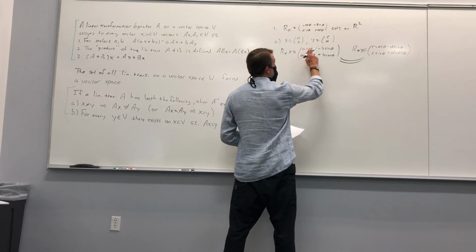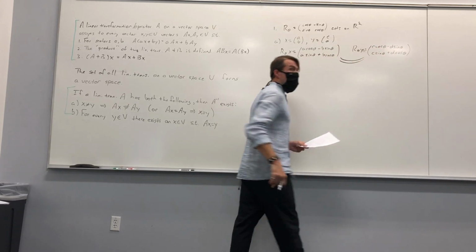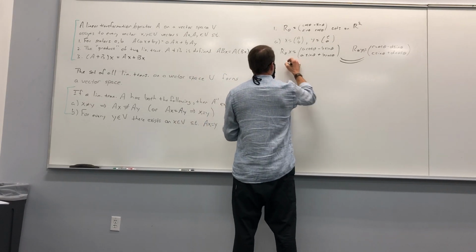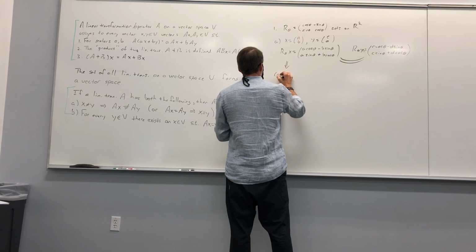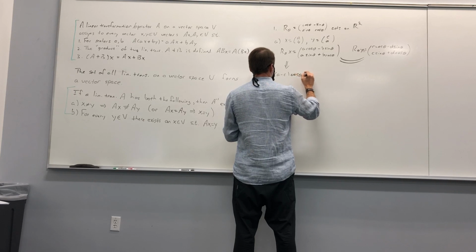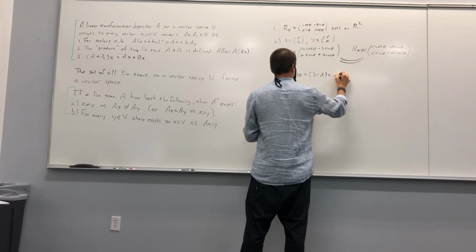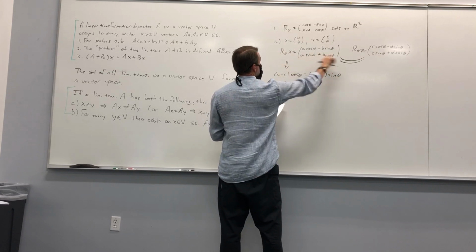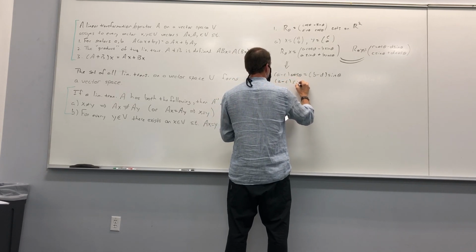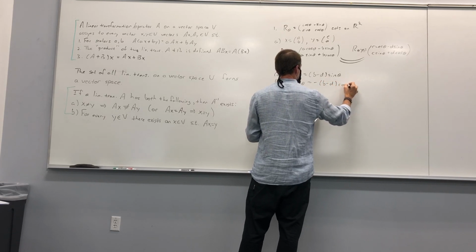Well, all I'm doing is taking the first element of this and setting it equal to the first element of this, taking the second element, setting it equal to the second element. This is going to give me two equations, which I can simplify into the following form. a minus c times cosine theta, after moving things around the equal sign, is b minus d times sine theta. And the second terms being equal gives me a minus c times sine theta equals minus b minus d times cosine theta.